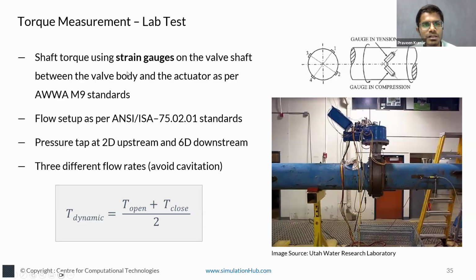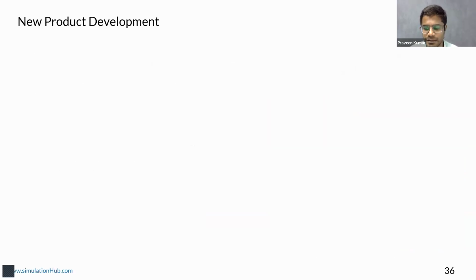You install strain gauges on the shaft, which give you the opening and closing torque. Once you have this value, you can calculate the dynamic torque for every opening for that flow condition. Using this dynamic torque, you can calculate the CDT.